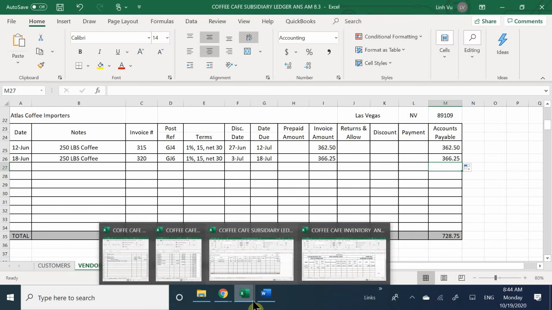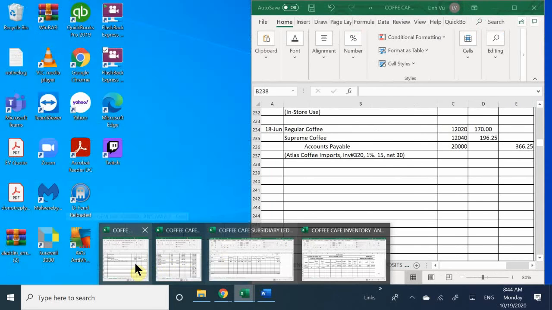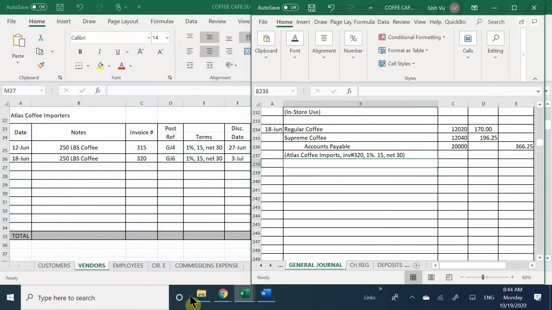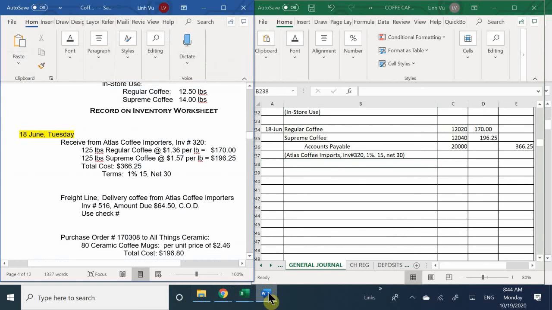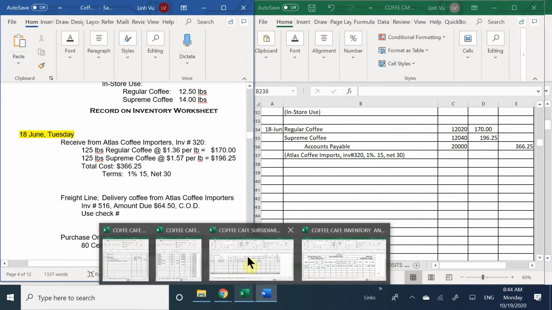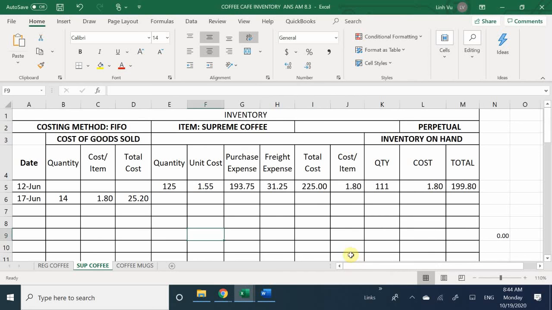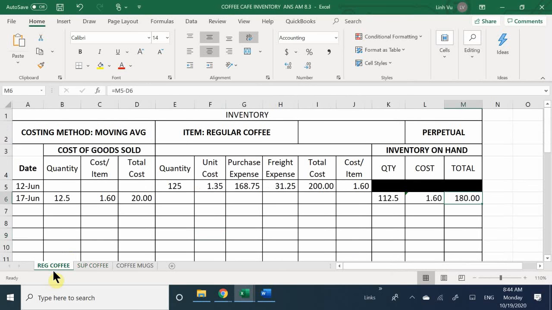I mean, I guess you can do that, but I wouldn't recommend that. Where do you need to go next? What did we just buy? Coffee. About inventory. Oh, inventory. Yes, inventory worksheet. So regular coffee. Okay.